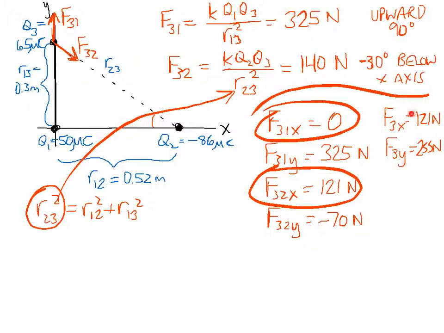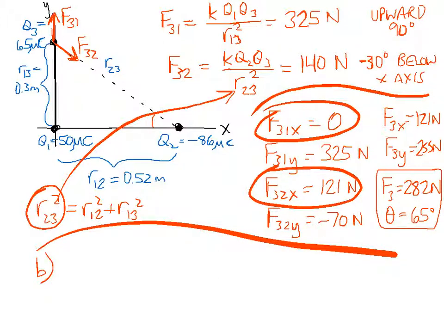So now we can just get the magnitude and direction using the Pythagorean theorem and the inverse tangent. If you take the Pythagorean theorem of those two numbers, you'll find that F3 is equal to about 282 newtons, and the angle of that is roughly about 65 degrees above the x-axis. So that's your final answer for part A.